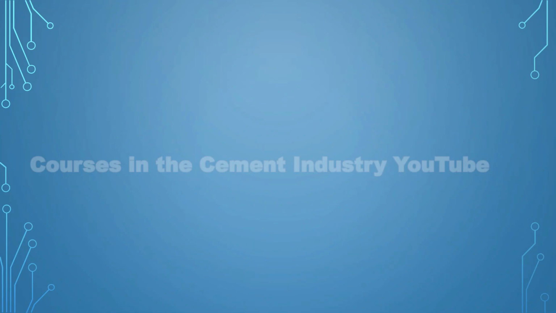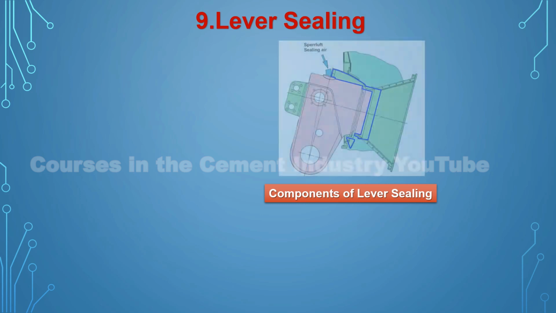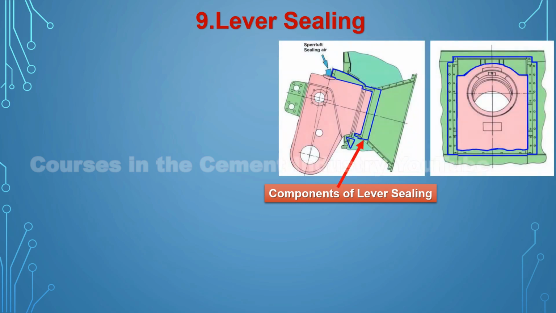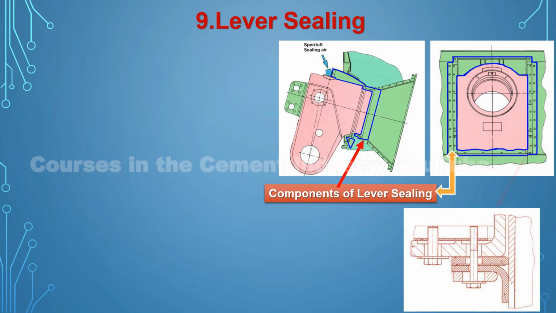9. Lever sealing. Components of lever sealing. Visual check. 1. Attachment bolts of lever sealing parts. 2.